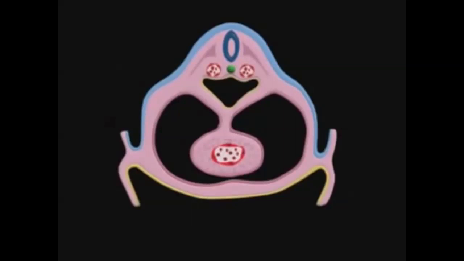But at this stage, the length of the embryo becomes about 2 millimeters, and diffusion isn't enough for nourishing each cell. So vessels appear, which serve as a transport system for nourishing structures.